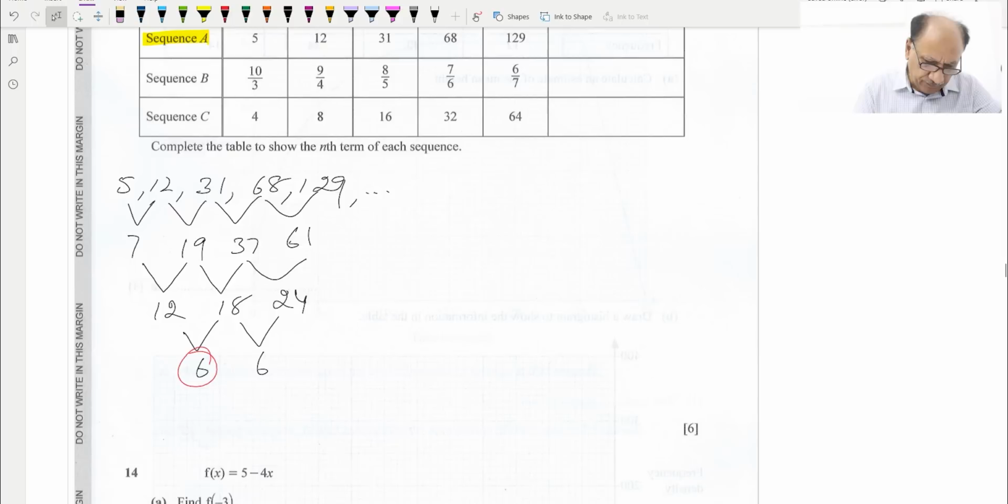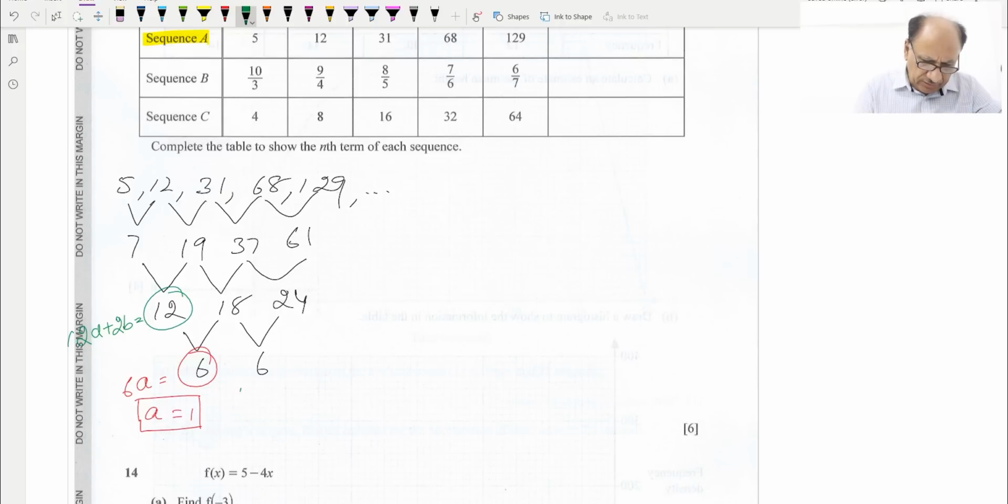We will be writing this 6 as 6a is equal to 6. So this implies a will be equal to 1. So we get the a value. And then the second difference is equal to 12a plus 2b. 12a plus 2b is equal to 12.